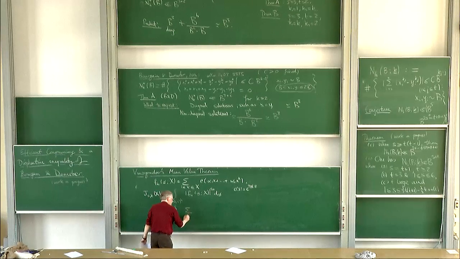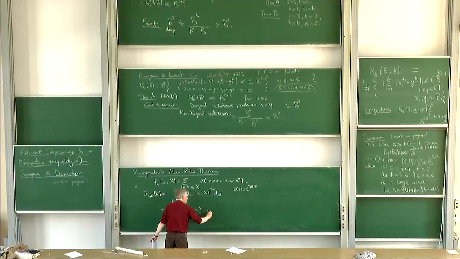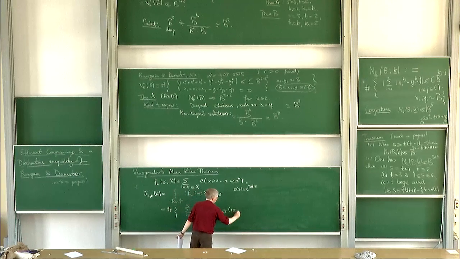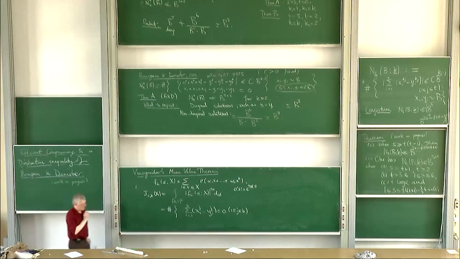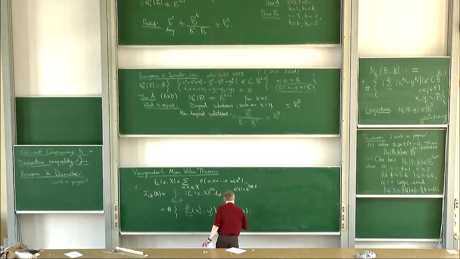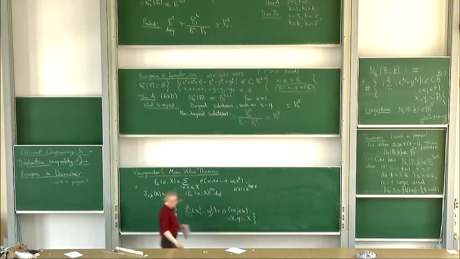The system of equations has 2s variables altogether, and exponents 1 up to k. So superficially, it resembles the kind of setup that we started with. And these variables now run up to capital X.